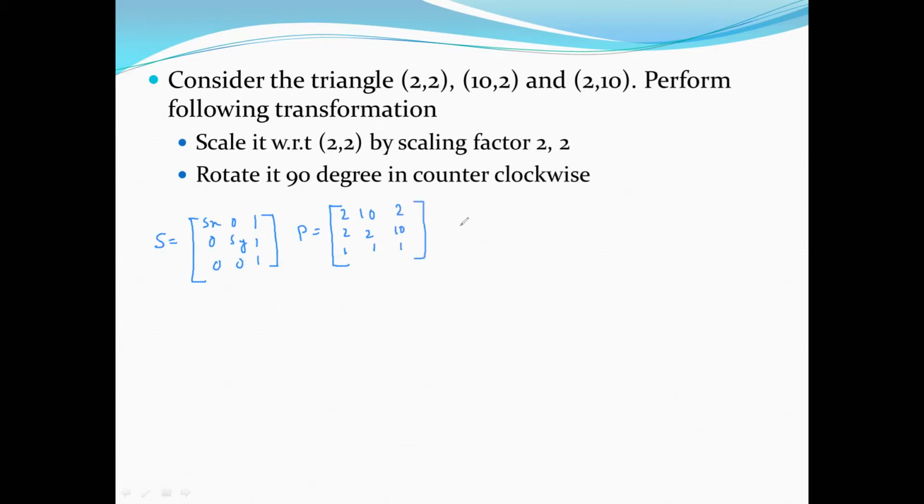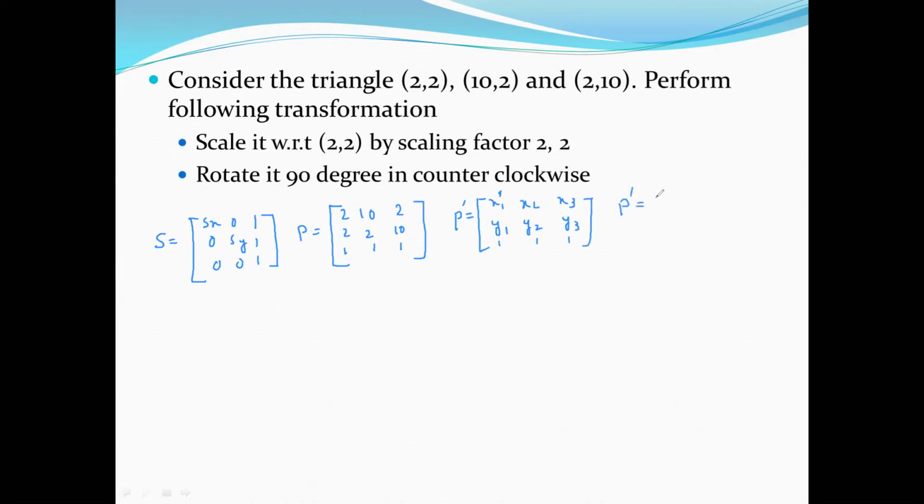So if you want to perform just ordinary scaling, free scaling, your P dash will be the resultant point set, which is x1 y1 1, x2 y2 1, and x3 y3 1. Okay. And how can we get P dash?